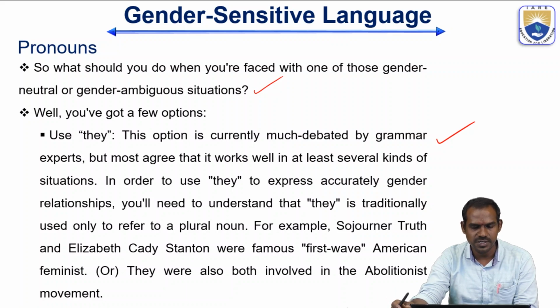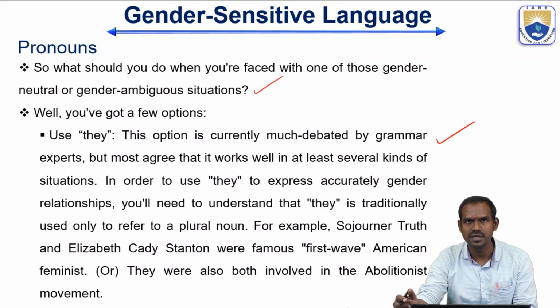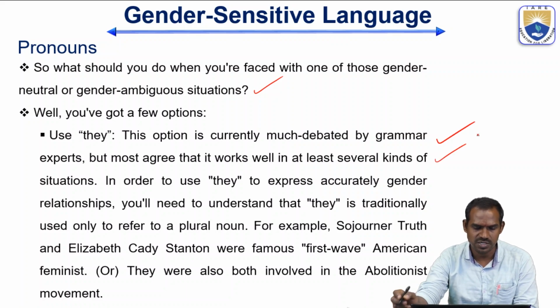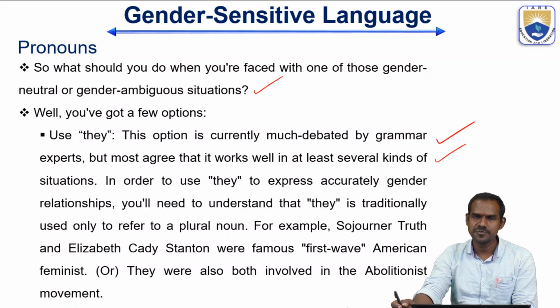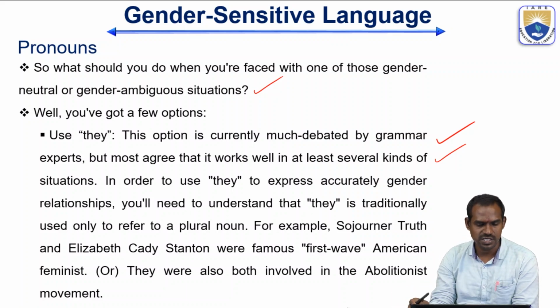This option is currently much debated by grammar experts, but most agree that it works well in at least several kinds of situations. In order to use they to express gender relationships accurately, you will need to understand that they is traditionally used only to refer to a plural noun.